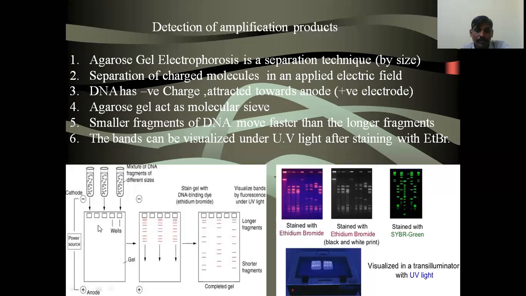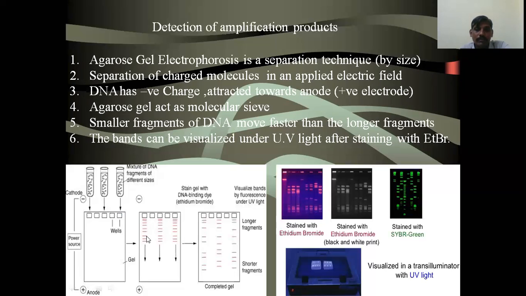This is the gel electrophoresis. These are the wells. These are the mixture of DNA fragments of different sizes. In the PCR, we are getting a uniform size of DNA molecules. This is the power source, anode and cathode. Generally, the DNA mixture is placed in the wells of the electrophoresis apparatus.